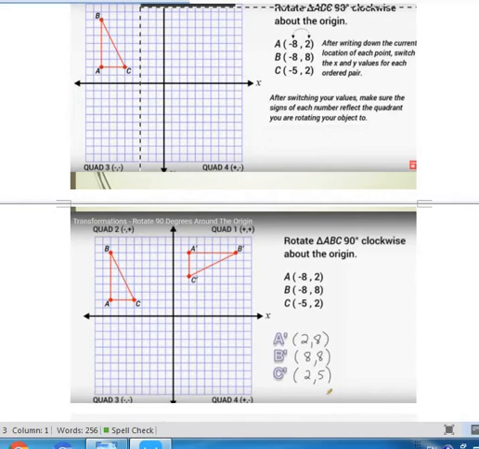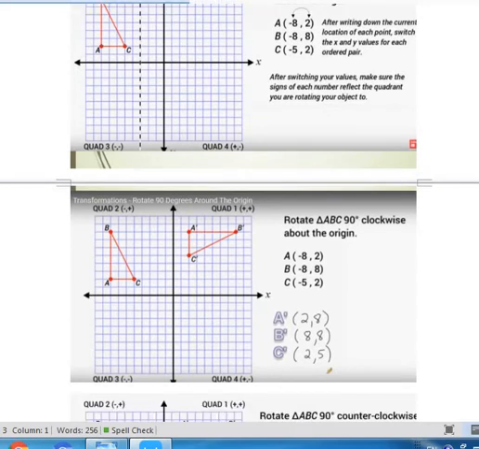So now I switch, or change, the places of the x and y ordered pairs. Instead of -8 here, I put 2, and instead of 2 I put 8, and so on. 8 and 8. I have here -5 and 2, so it will be 2 and 5.